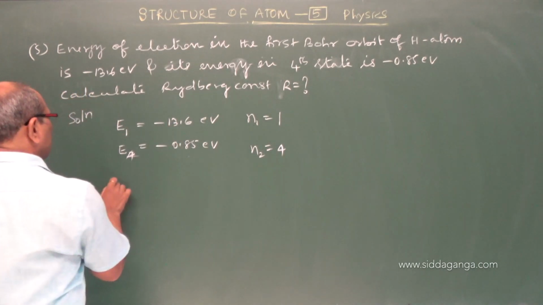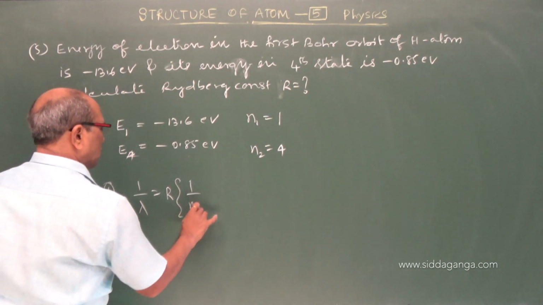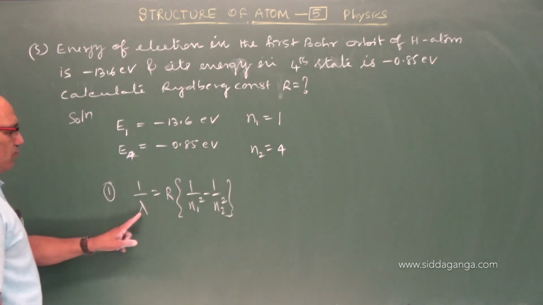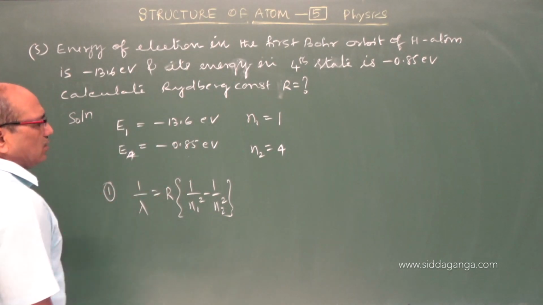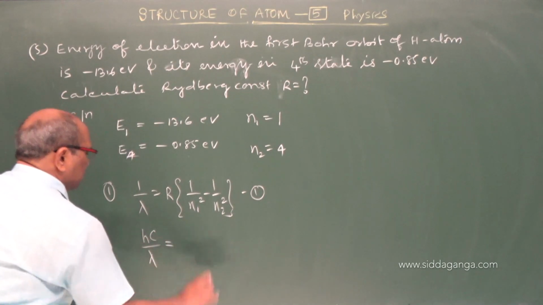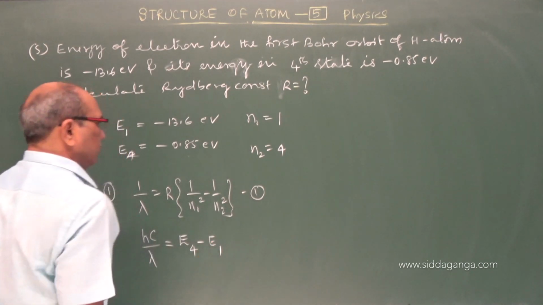Since the question is on R, we think of 1 by lambda equal to R into 1 by N1 square minus 1 by N2 square. If we find lambda, R is possible. To find lambda, we use hc by lambda equal to E4 minus E1.